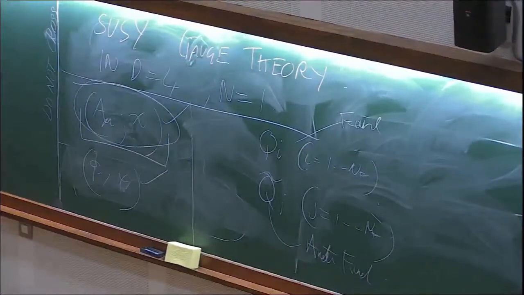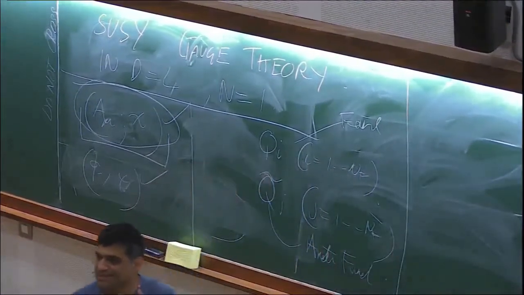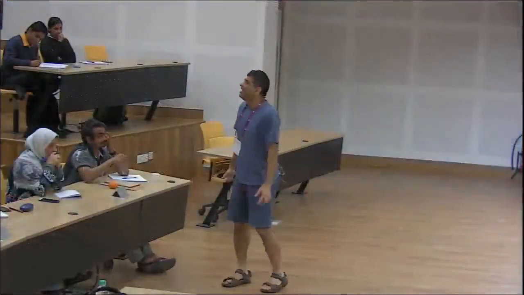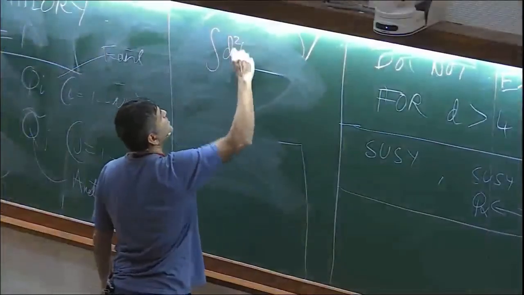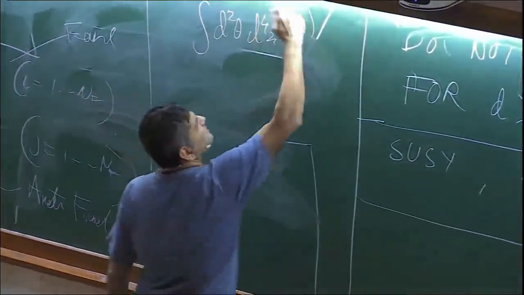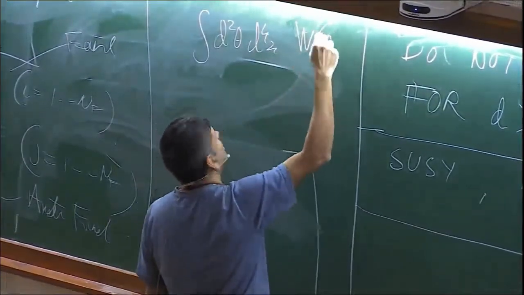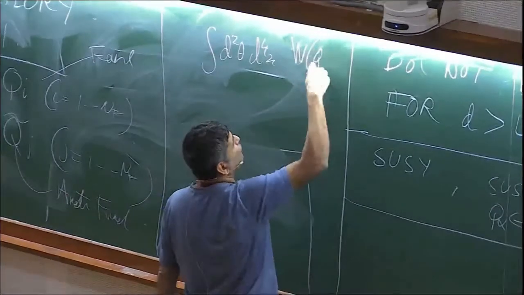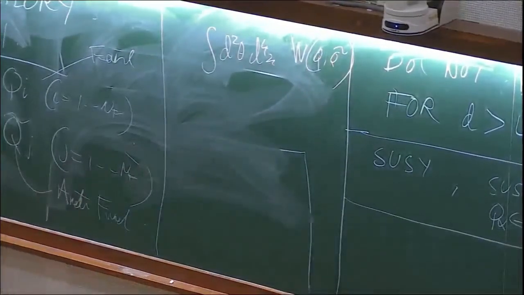For instance, since we're all experts on chiral multiplets and superpotentials, one of you might have challenged me. One of you might have said, what about writing the integral of d2 theta d4x times W of Q and Q tilde? Suppose I try to add such a term to the Lagrangian. Well, what could it be?